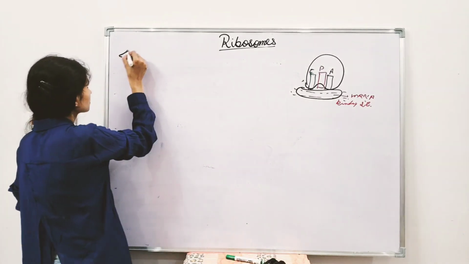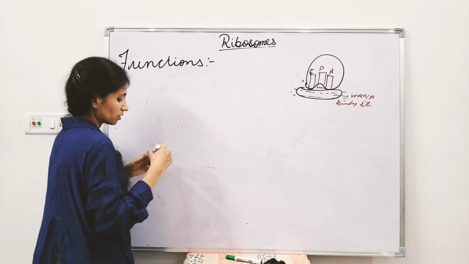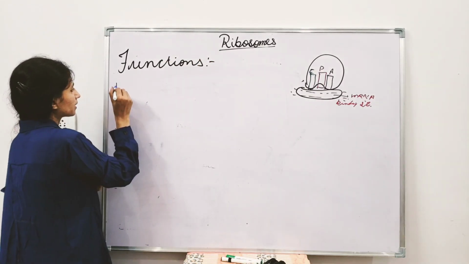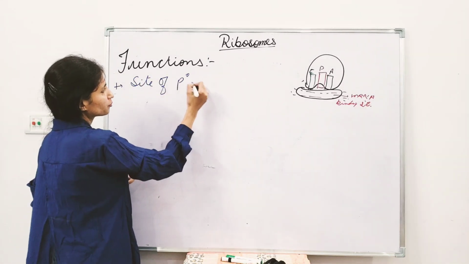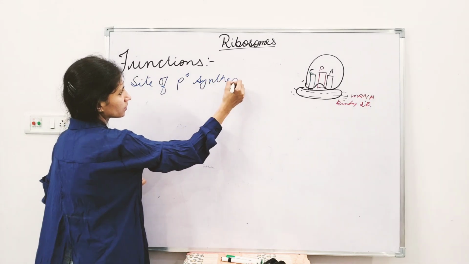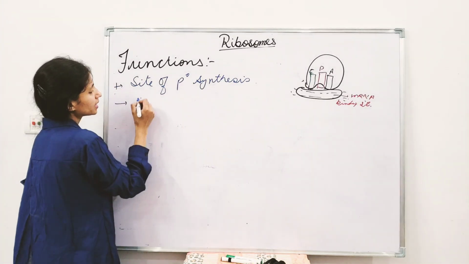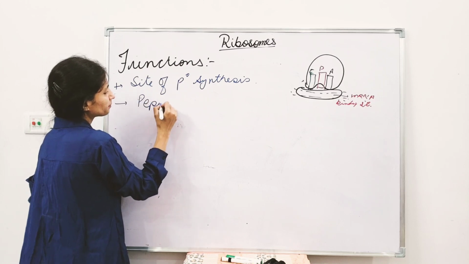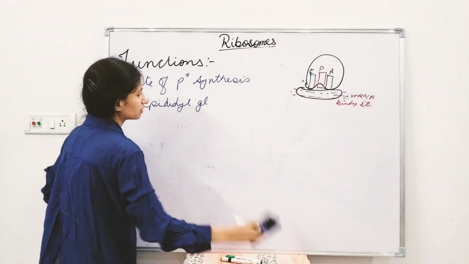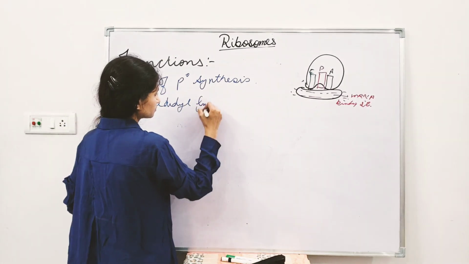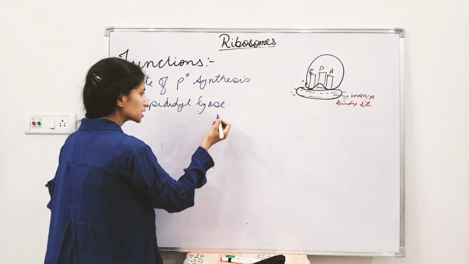If you just look at the functions quickly, the last thing in the topic: ribosomes are the site of protein synthesis. It contains the enzyme peptidyl transferase, which helps in protein synthesis only.